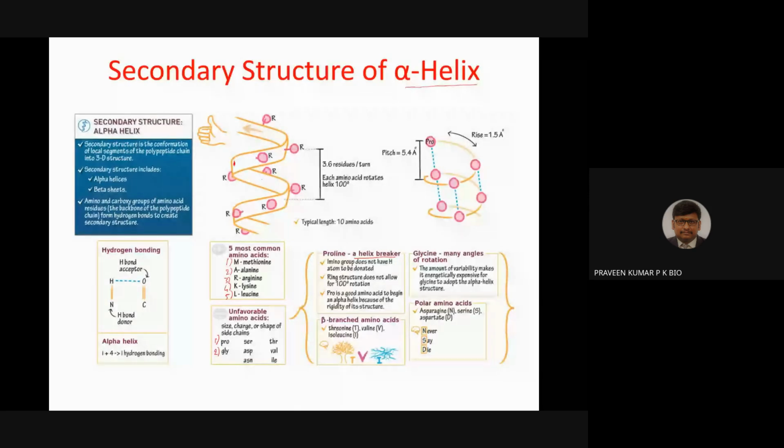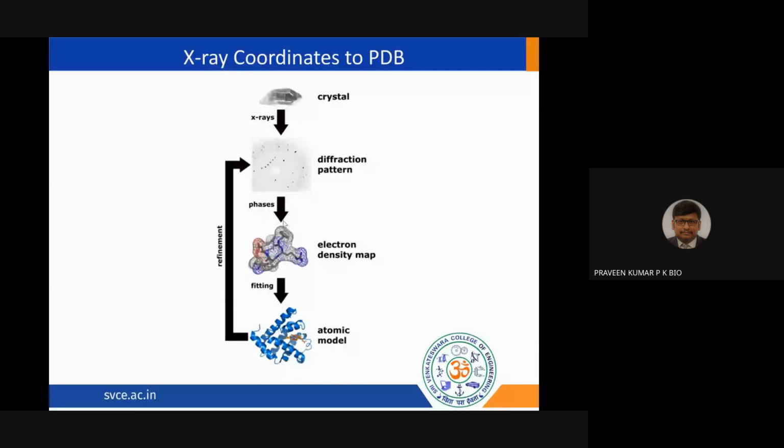It just unfolds something like that, and you try to break the alpha helix. So overall, proline and glycine are not favored because of these helix breaks, helix bends. And only from alpha helix, one can go for beta sheet prediction.